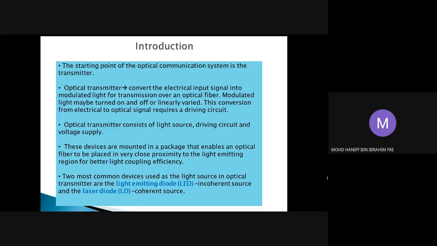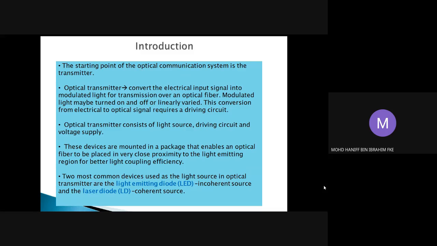But before that, the information or the signal is in an electrical signal. So the purpose of the transmitter is basically to convert this electrical input signal into light which has been modulated, and the modulated light will then be transmitted using the optical fiber.